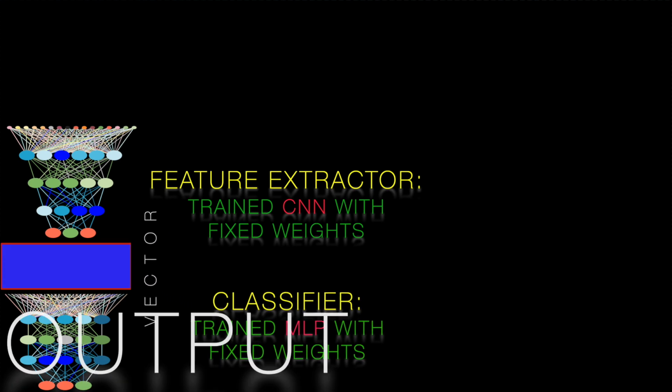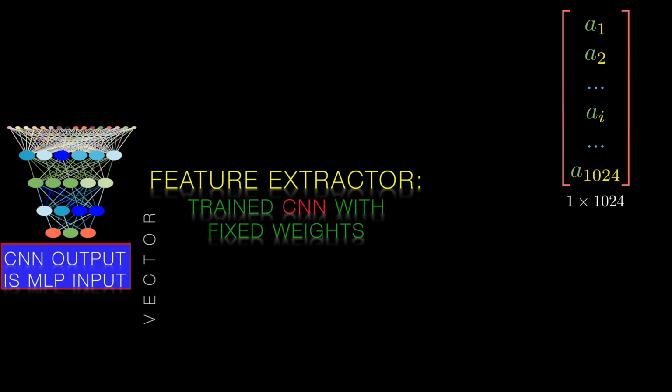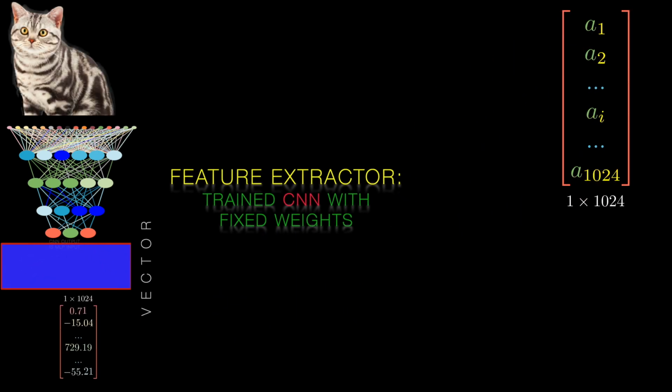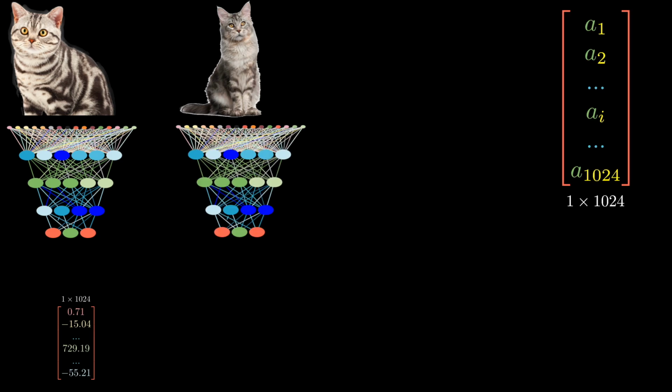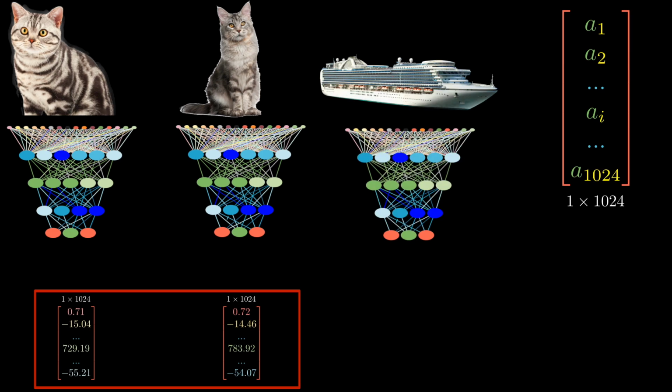The input to the classifier is just a vector of floating point numbers. If we send a picture of a cat, we'll get a vector. If we send in another picture of a cat, we'll get another vector. These vectors will not be the same, but if the network is working, they should be more similar than the vector generated when we send in a picture of a ship.